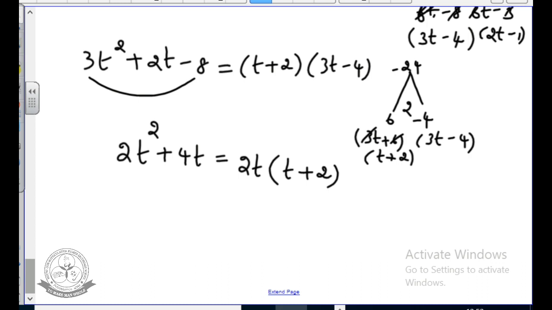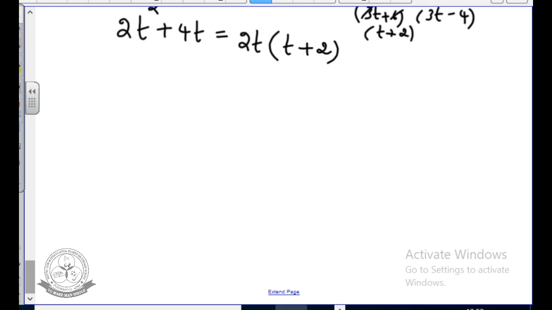So again, we write the same question here. That is 12t squared minus 22t plus 8 divided by 3t.